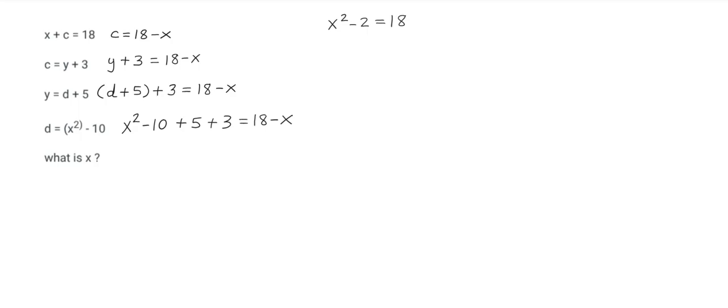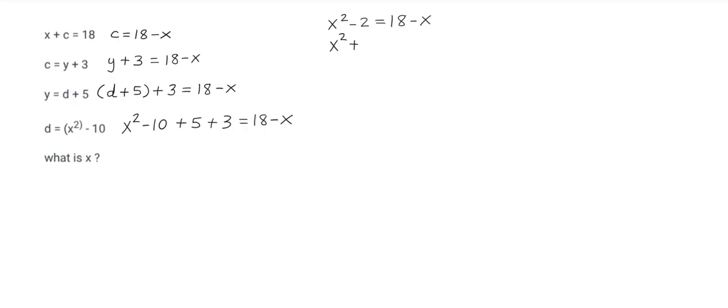So if we take this expression on the bottom here, which is the totality of the substituted information, we can solve by adding 5 plus 3 is 8, positive 8 plus negative 10 leaves us with negative 2, then equal to 18 minus x. So if we then solve for this in a quadratic equation form, we have x squared.